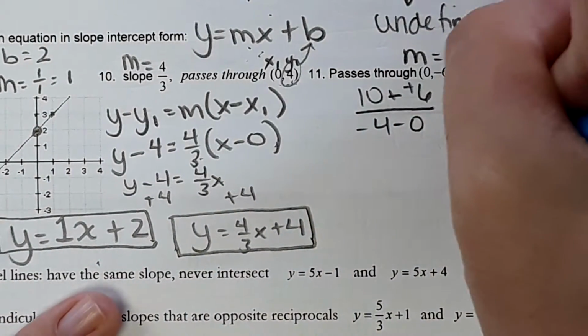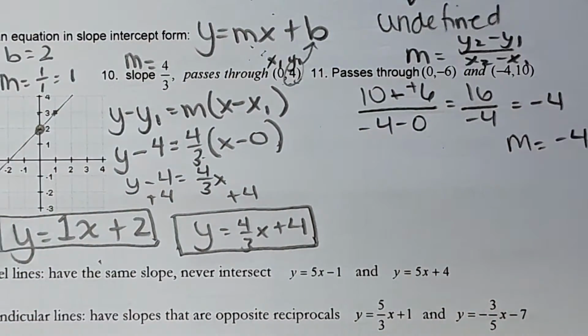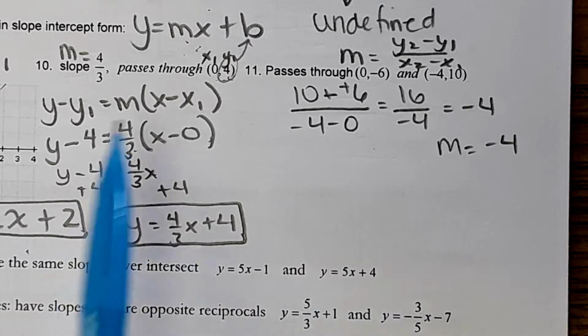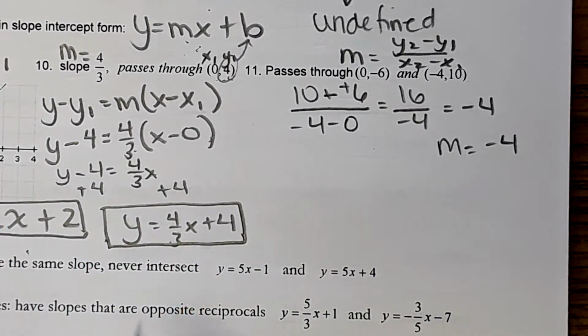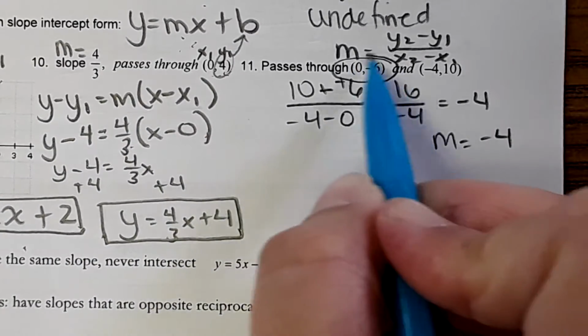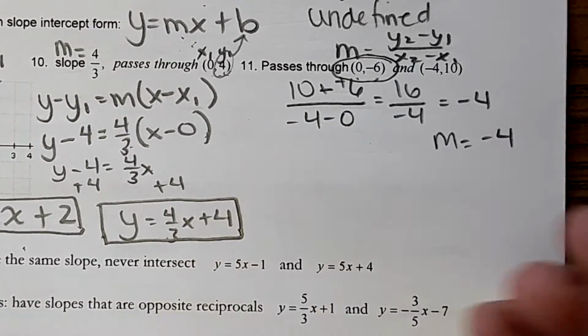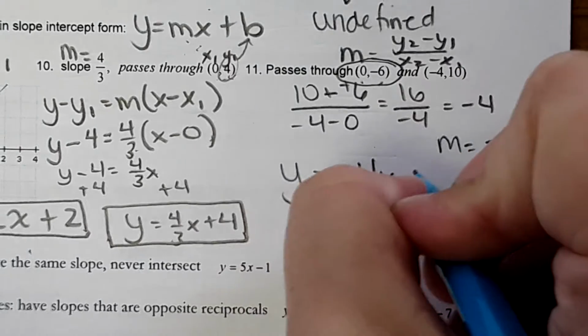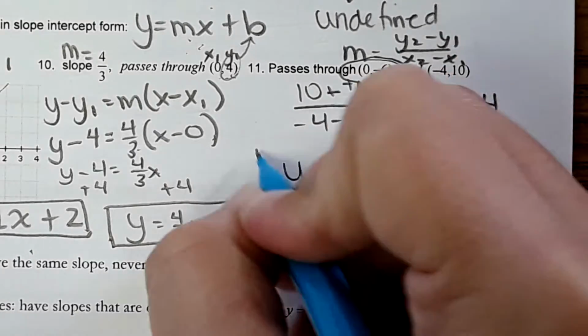So m equals negative 4. I could use this equation, but I notice I have my y-intercept right here where x equals 0, and that's our y. So using that, we can just say y equals negative 4x minus 6.